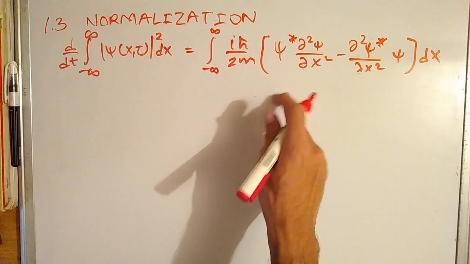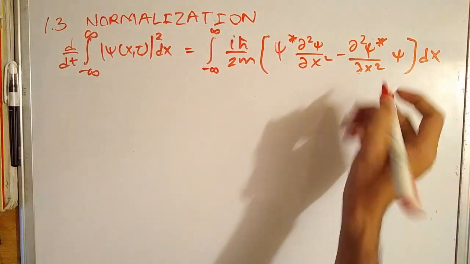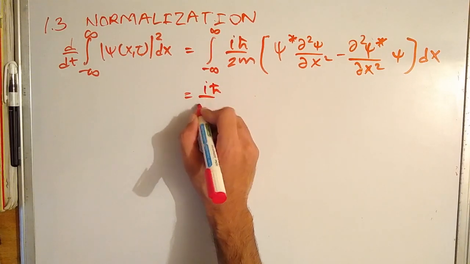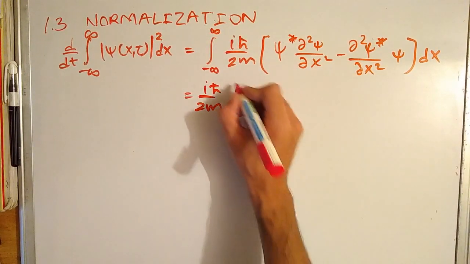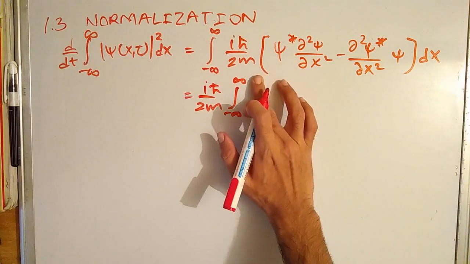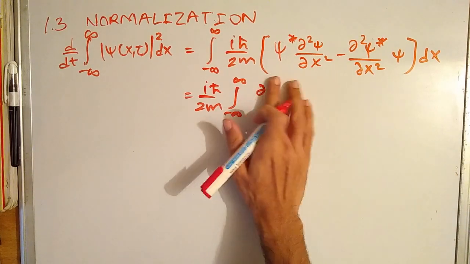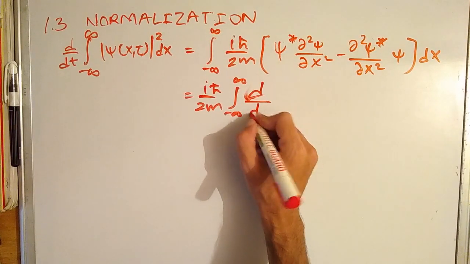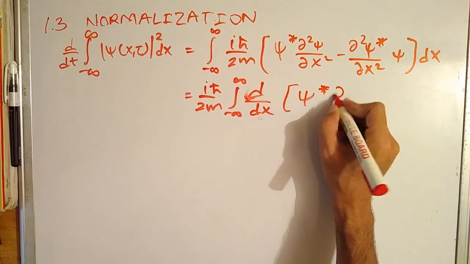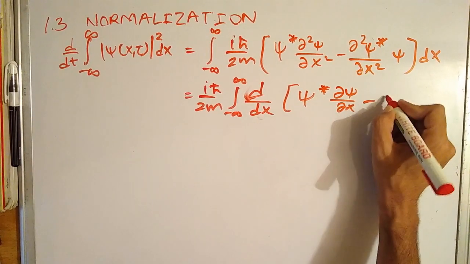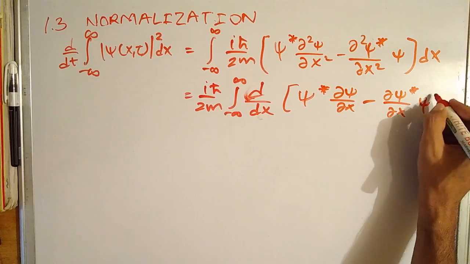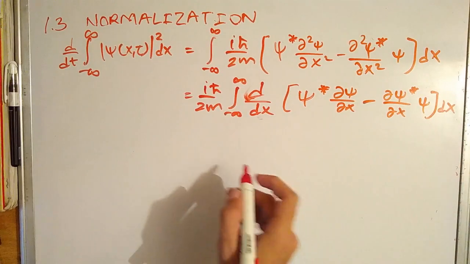So now when we rewrite this equation, we can further simplify it by taking the common factor iħ by 2m out, integral from minus infinity to infinity, and this part right here can be represented as the derivative with respect to x of the function psi star dou psi by dou x minus dou psi star by dou x into psi, integrated with respect to x.